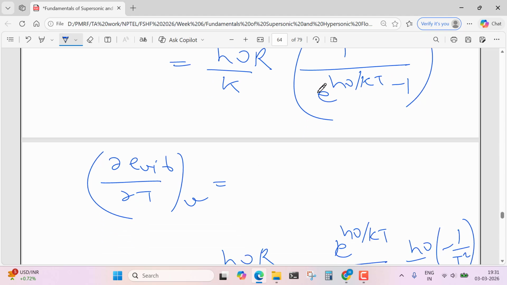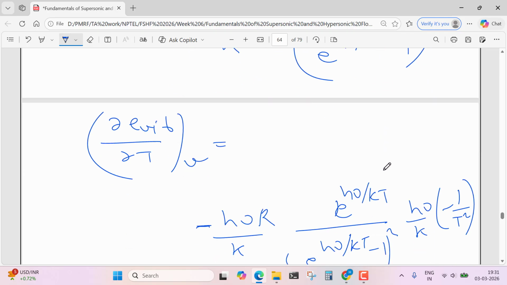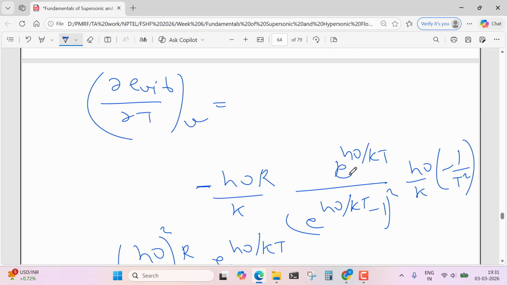If we take the derivative of this term, the constant will come out, and this term will become minus h nu R upon k upon e to the power h nu upon kT minus 1 whole square, into e to the power h nu upon kT into h nu upon k into minus 1 upon T square.